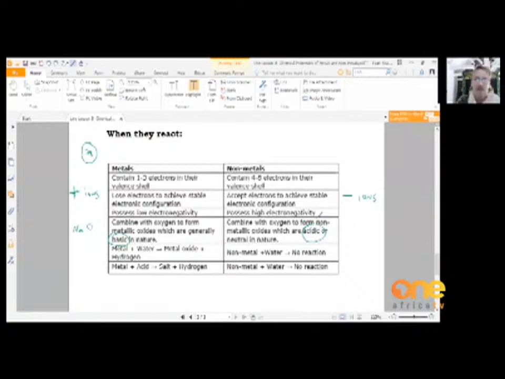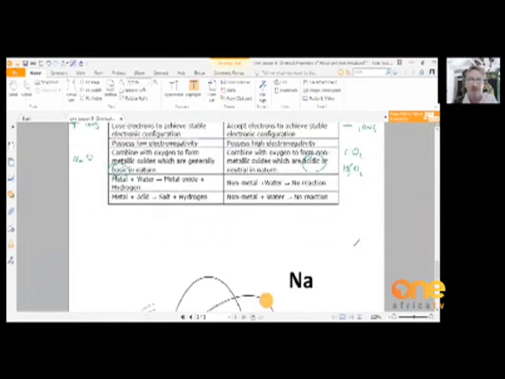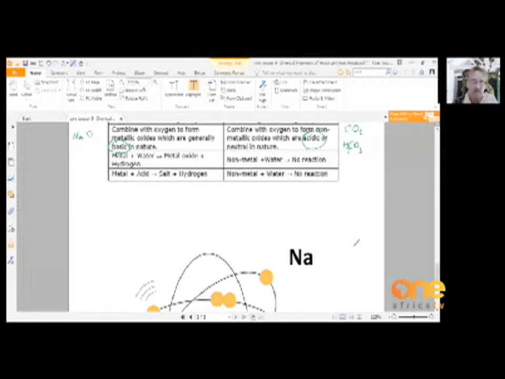If we were to consider CO2, that's a non-metal formed with oxygen. Carbon dioxide dissolves in water to form the weak acid carbonic acid, H2CO3. Carbonic acid is why soda water has got that slightly sour flavor compared to still water.